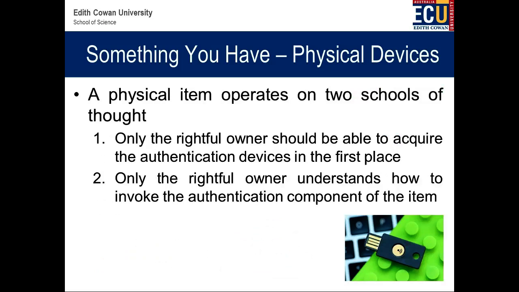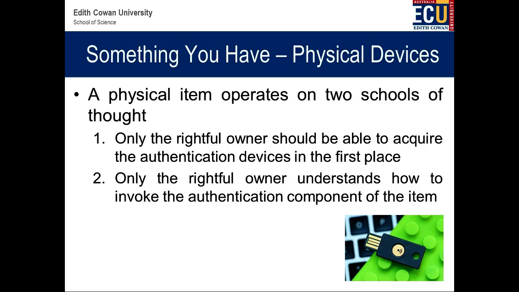A physical item operates on two schools of thought. The first thought is that only the rightful owner should be able to acquire the authentication device in the first place. So if you have to get your university ID, you have to physically go to the eSmart Lab, Building 34, and be physically present there to get your card.